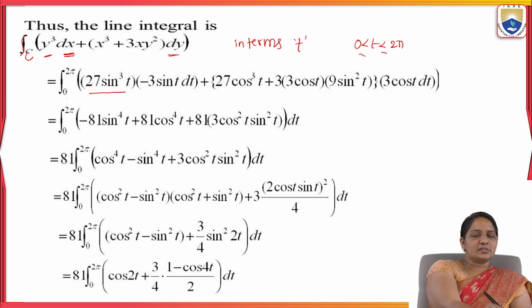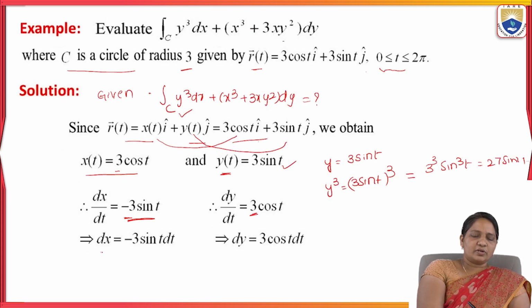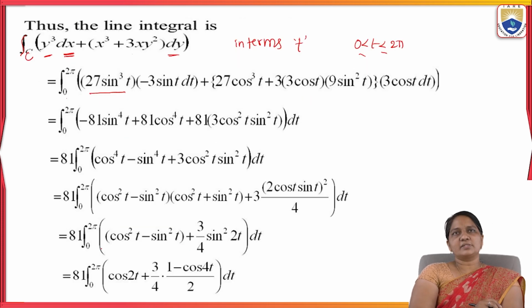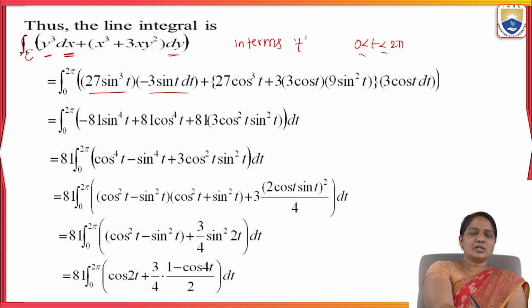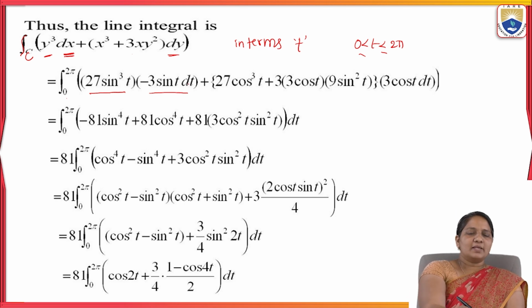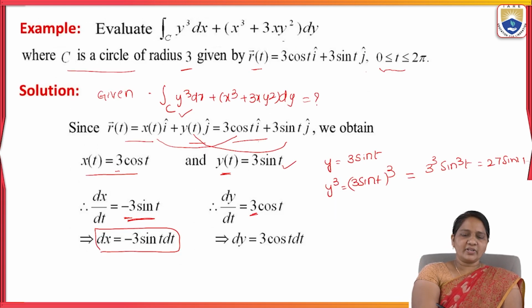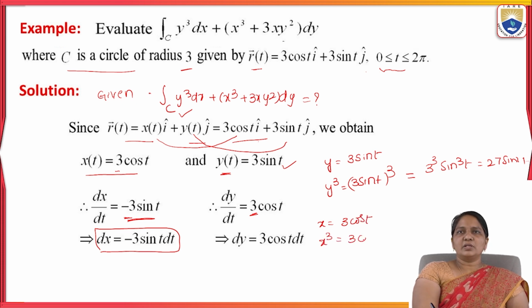Next dx. What is the dx value? dx equals minus 3 sin t dt. So in place of dx, we replaced minus 3 sin t dt. Next, plus x cube. What is the x value here? x equals 3 cos t, so x cube equals 3 cos t whole cube.